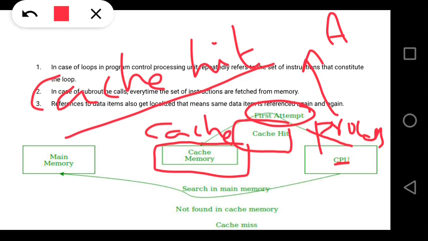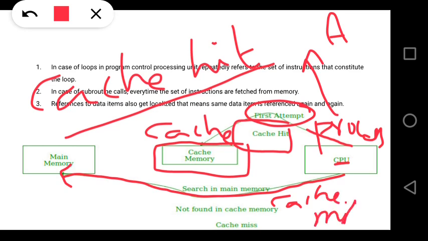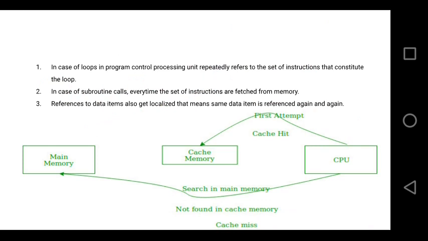If it is not found, it will make a call to physical memory and try to search. This situation is called cache miss. So these are important words: cache hit and cache miss.